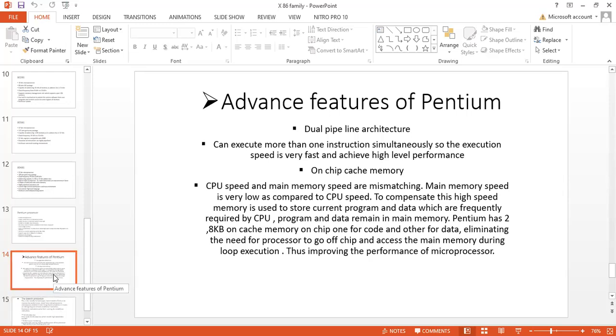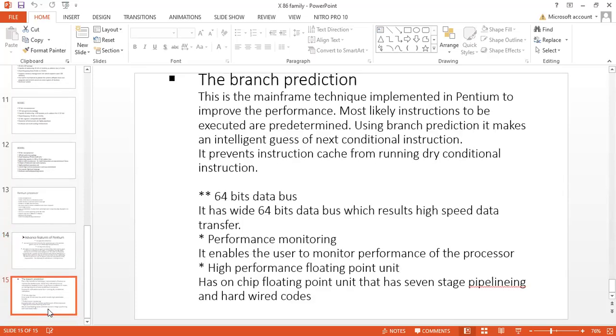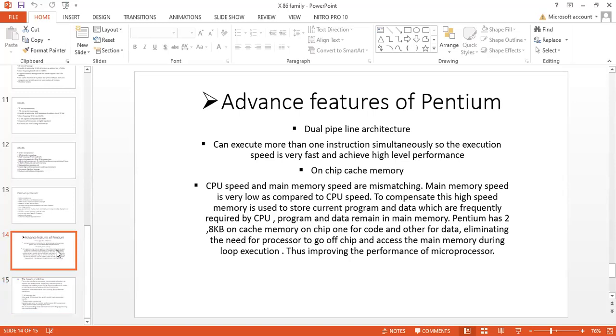So what is dual pipelining? Basically, when it can execute more than one instruction per one clock cycle. Okay. So that is why the performance is of high level. More than one instruction can be executed simultaneously. So that is also called dual pipelining.